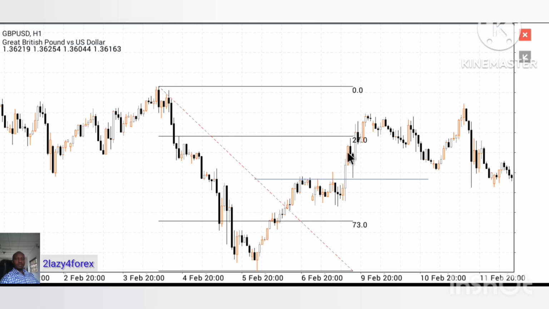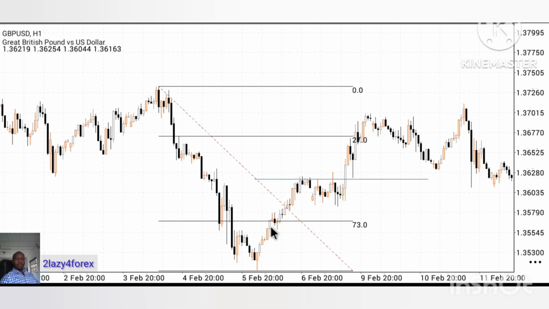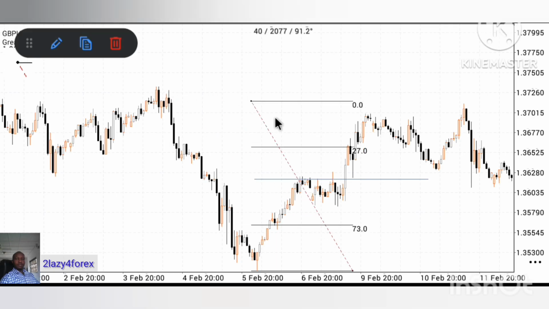So what I'm saying is, when you're trying to use this strategy I'm teaching you, please make sure your entries are above the 50% level. Maybe it falls on the 618 or the 79%, but try and avoid the 50%. Avoid it like a plague.